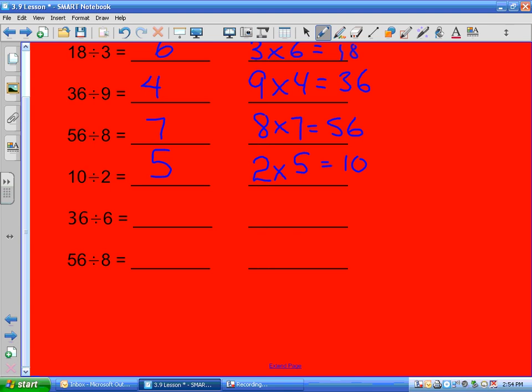Good. 36 divided by 6. The helping fact, this one goes to Chase. Go through the times tables in your head. 6 times 3, 6 times 4, 6 times 5, 6 times 6.